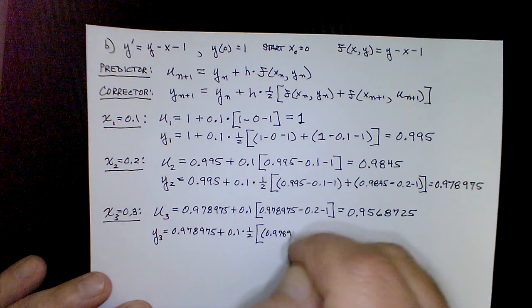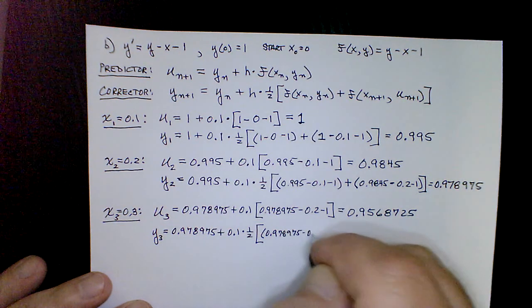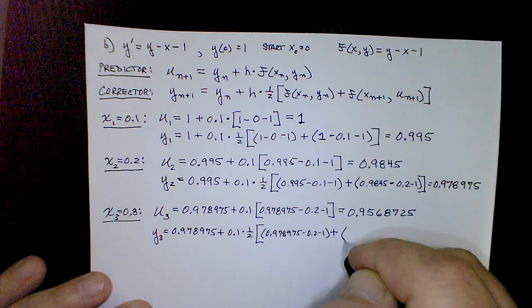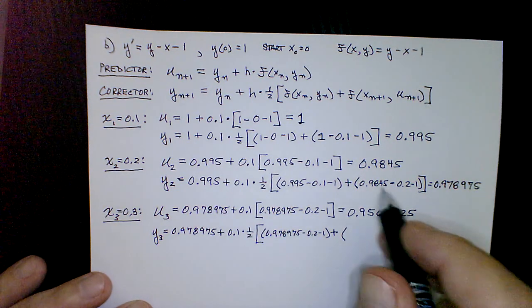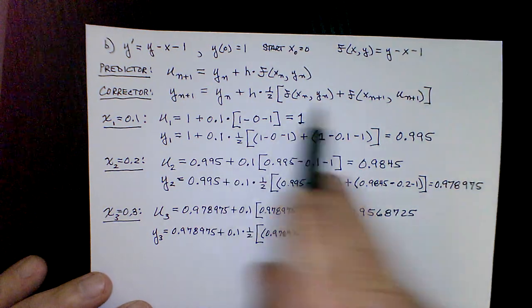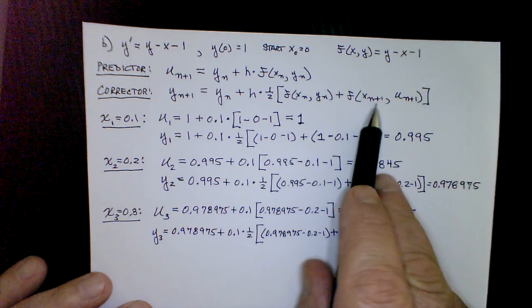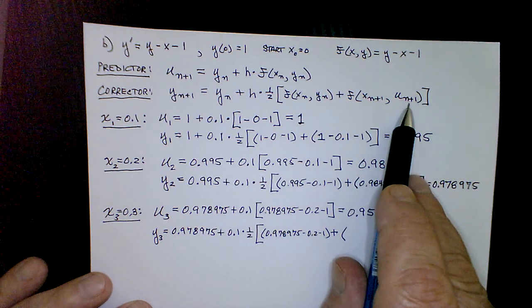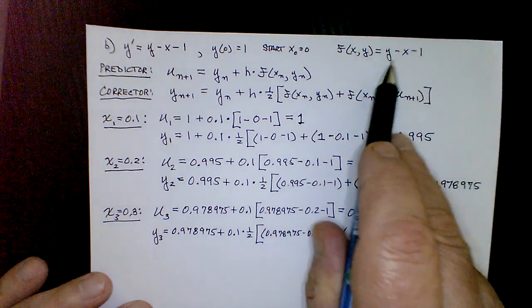So if you want to think about it again, that's fine. I'm just going to recopy it. And then plus, now we have to think about what the new slope is. And the new slope is the new x value and the predictor value, u sub n plus 1, that we just predicted in place of y.